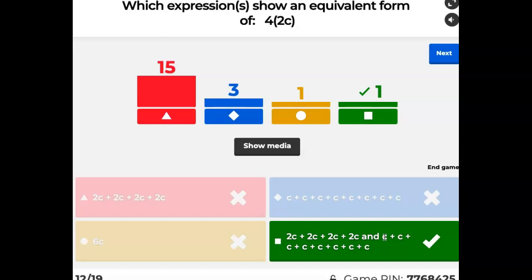I was thinking about that too, but it should not be only the red one, and not only the blue one, but it should be the red and the blue. That's why I remember you saw me counting this, just to make sure. So 2c, 2c, 2c, 2c, and that one is 8c.